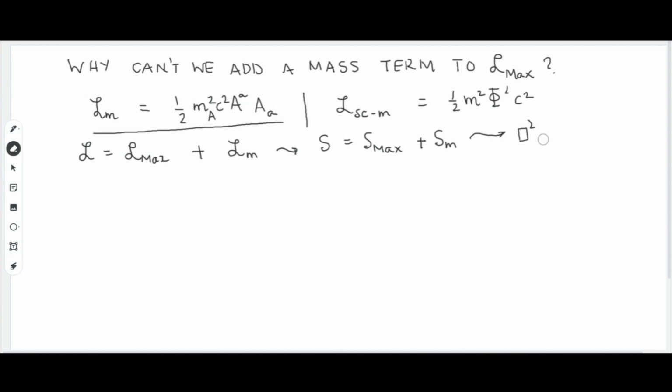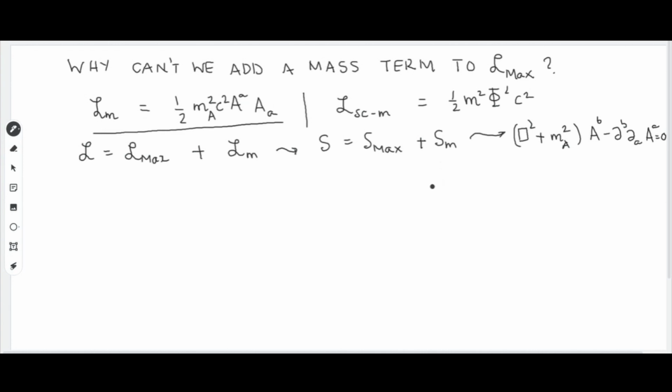Again, I'm not deriving this action, it's left as a home task: box squared plus m squared A_B minus del_B del_A equal to 0. So that's the equation of motion if you take this.